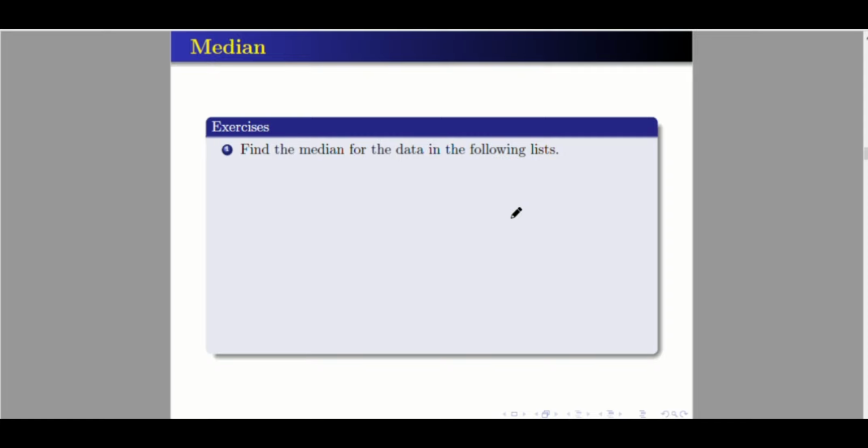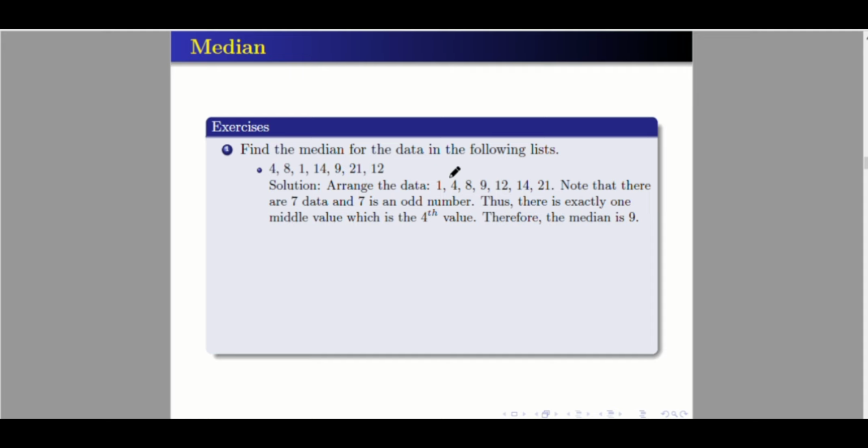Okay, number 1. Find the median for the data in the following list. So we have this data. So what is the first step? The first step is to arrange the data. So this is now the arranged data. So count the number of data. 1, 2, 3, 4, 5, 6, 7. So 7 is odd.